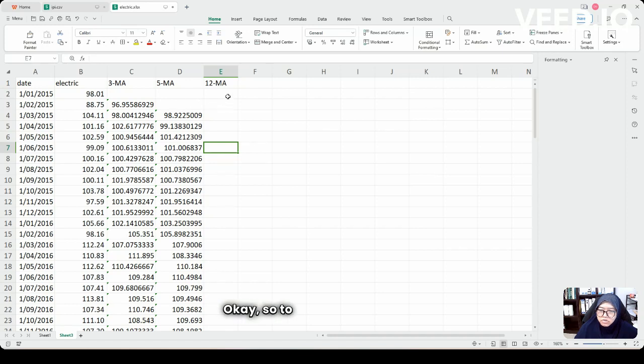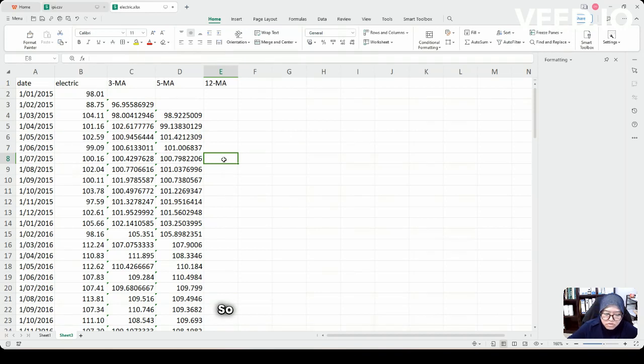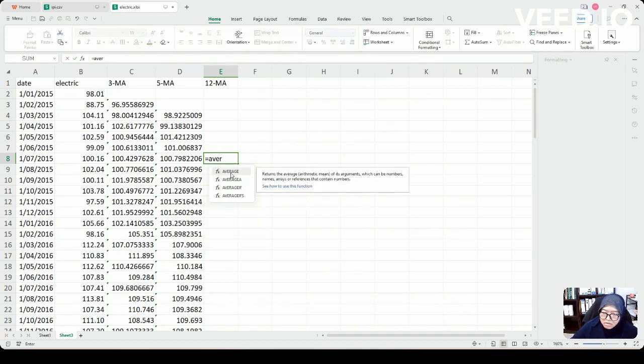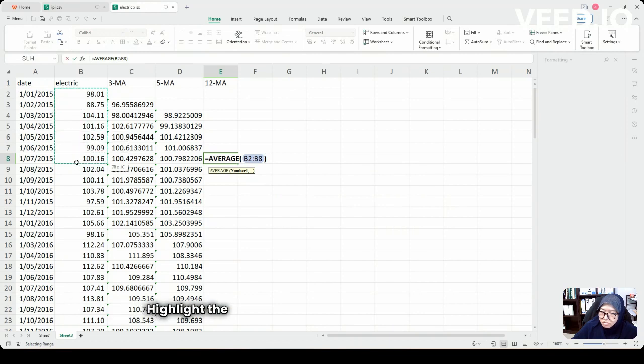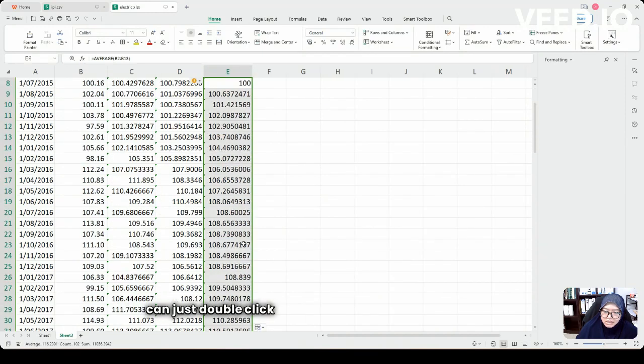Okay, so to do that, let's say you start computing the moving average on the 7th observation. So you just type equal to average, and then highlight the 12 data values, and then after that you can just double click.